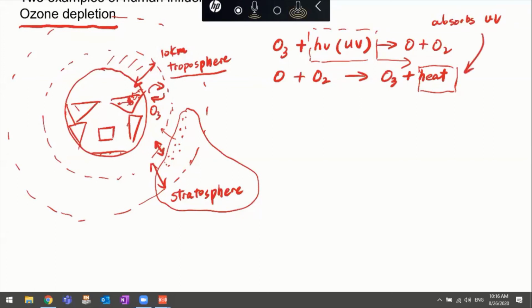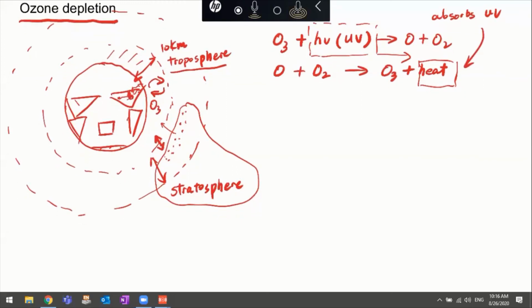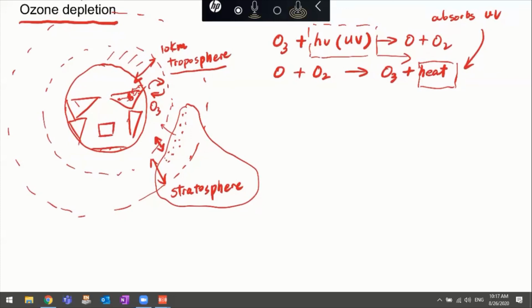Okay. But later, people realized that there's actually one species that humans make that destroys this ozone layer. So this species is called the chlorofluorocarbon. This is also called CFC.